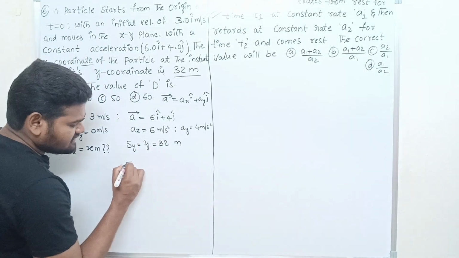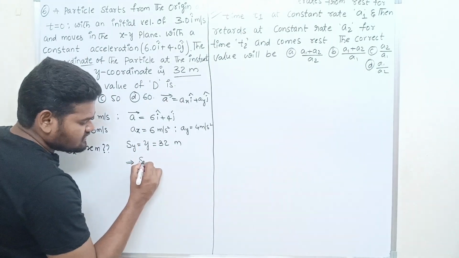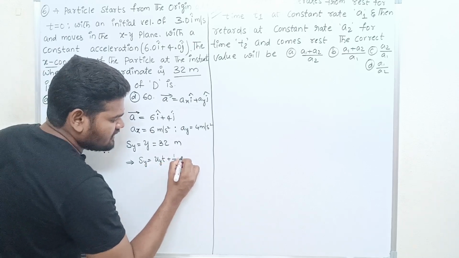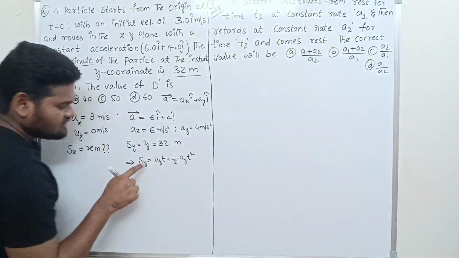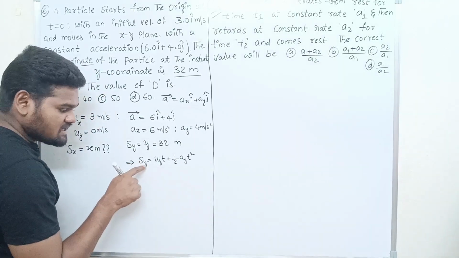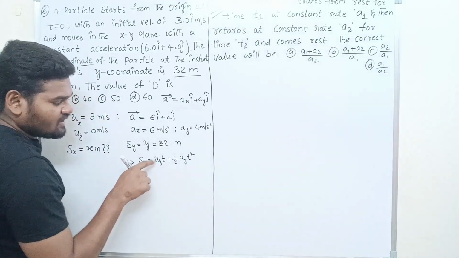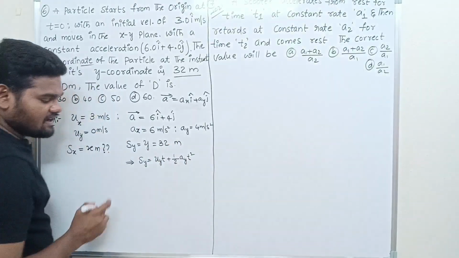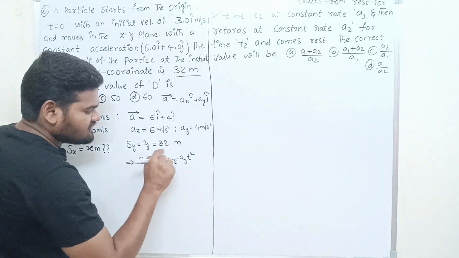I'm just taking the second equation of motion. So Sy is equal to uy t plus half ay t square. Because it is along y direction, that's why displacement of the particle along y direction, initial velocity along y direction, acceleration along y direction.